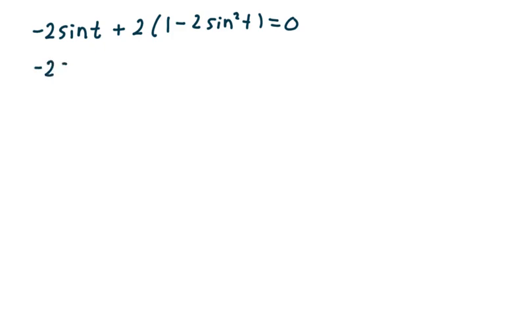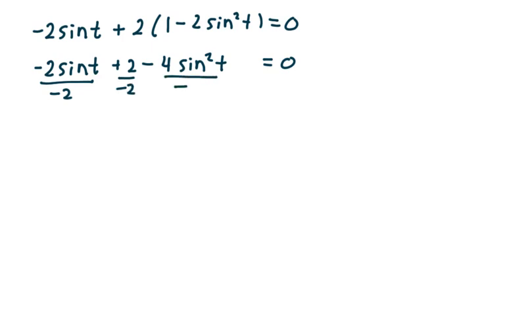So we get negative 2 sine of t plus 2 minus 4 sine squared t equals 0. Now, what I want to do is divide everything by negative 2. And when I do that, I get 2 sine squared t plus sine of t minus 1 equals 0.